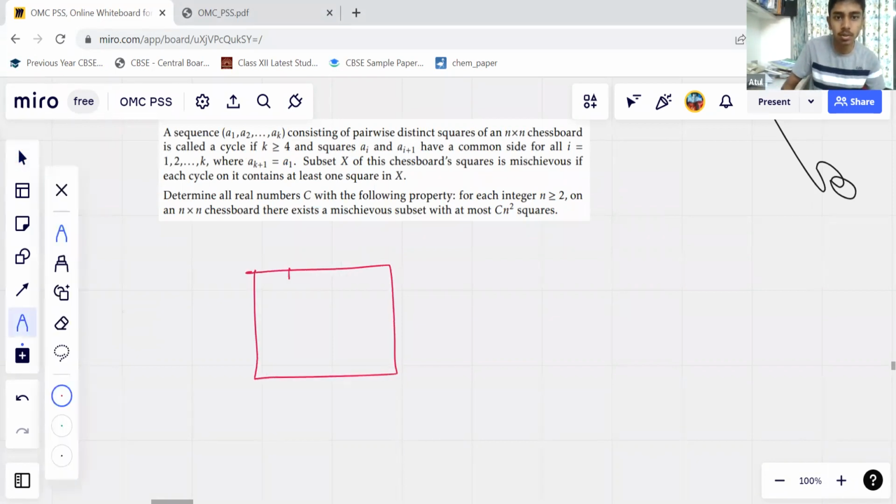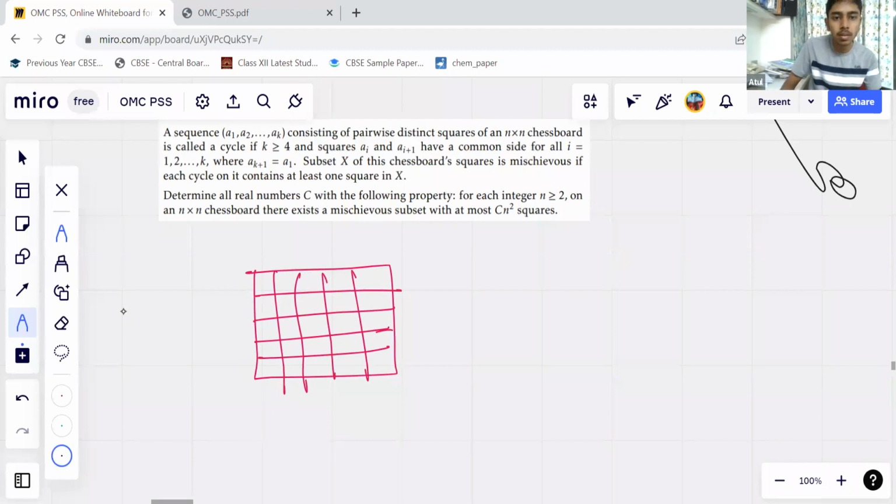For example, if we take a 3 times 3 chessboard, or let's actually take 4 times 4, so we can actually see 5 times 5. Right? Okay, so for example, this sort of thing would be a cycle.